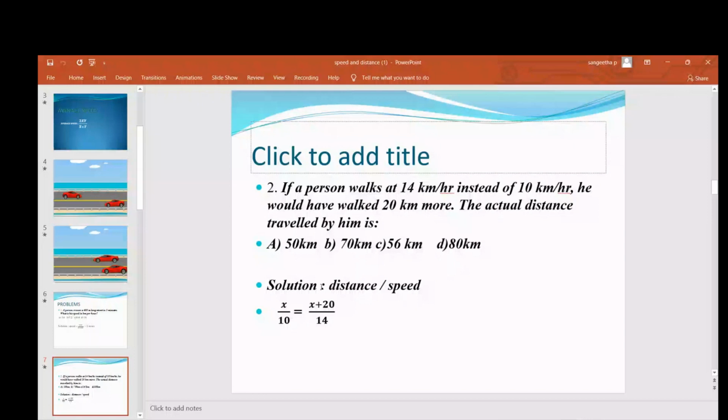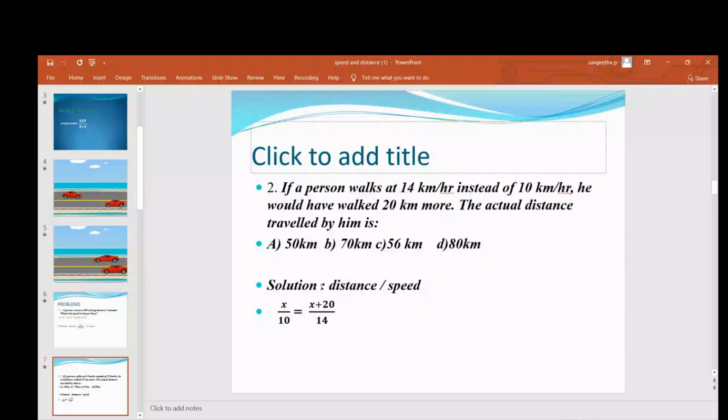Problem number 2. If a person walks at 14 km per hour instead of 10 km per hour, he would have walked 20 km more. So the actual distance traveled by him is? Usually the person's speed is 10 km per hour.